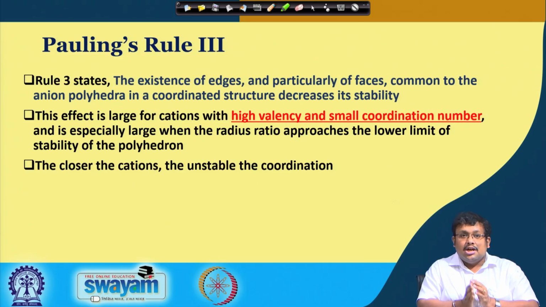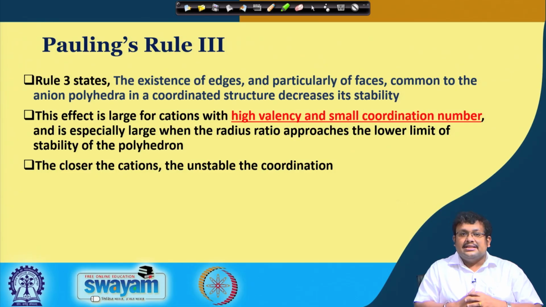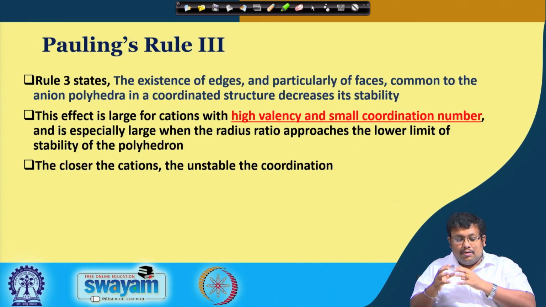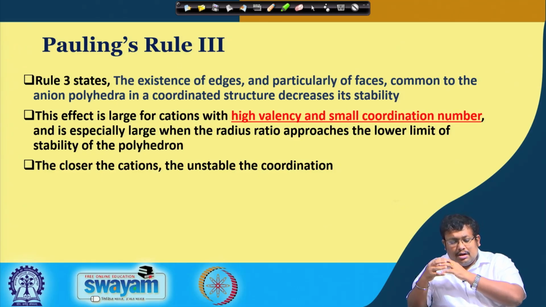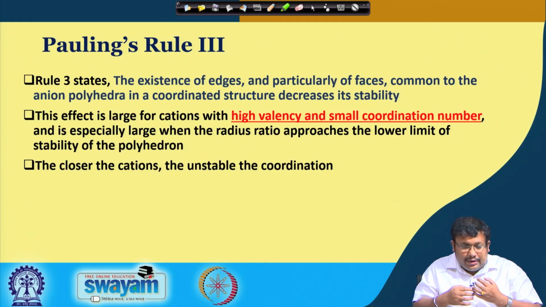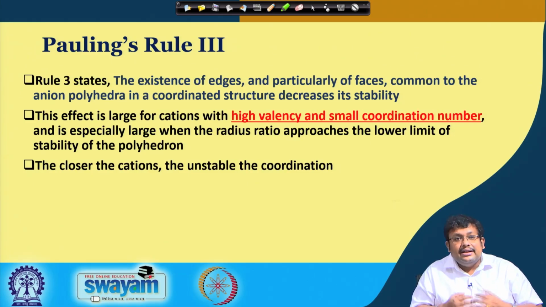that the existence of edges and particularly of faces common to the anion polyhedra in a coordinated structure decreases its stability. As these different coordinated polyhedra share their edges and faces, we get the notion that when they join together by sharing their faces, their stability will decrease.